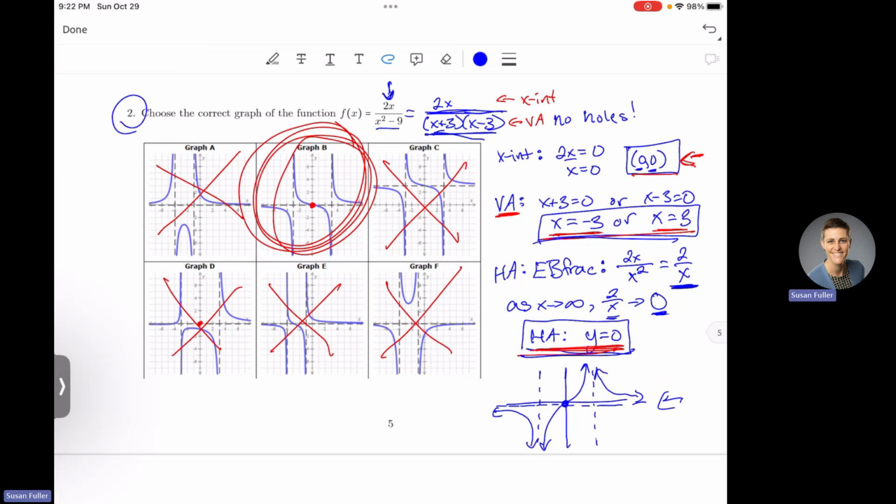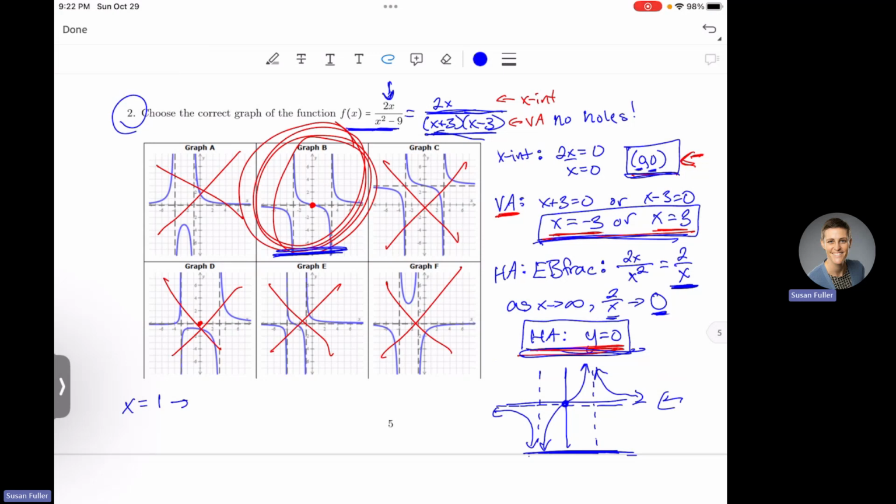So if you had two graphs, graph B and this graph left, how would you tell which one was correct if they had the correct intercepts and asymptotes? Well, the answer there is you're going to pick one extra point. So for us, let's go x equals 1.